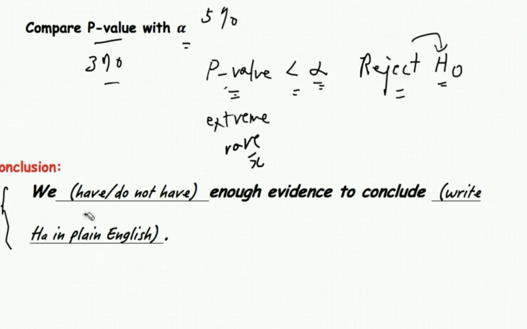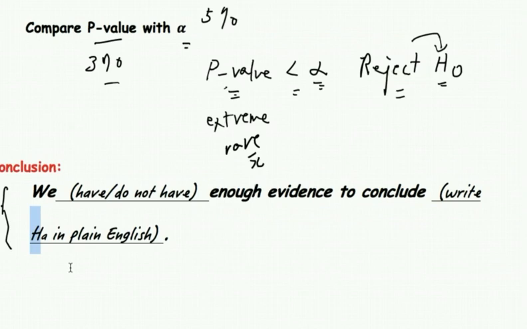So the next thing is we have to draw the conclusion. So this is the template. So we say, do we have enough evidence or not? We have or do not have. And then we have to write the alternative hypothesis in plain English. Because at the end of the day, what do we care about? It's not really the null hypothesis.